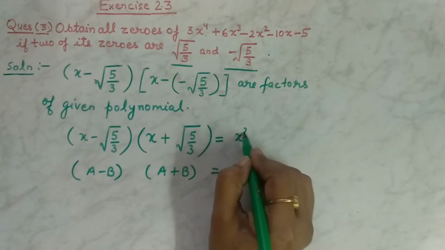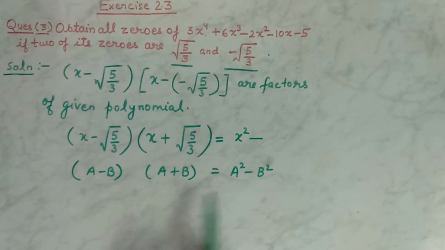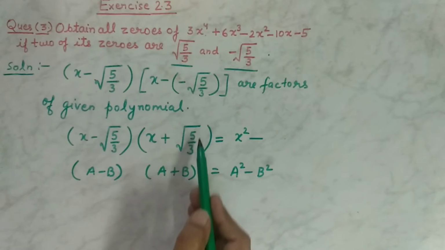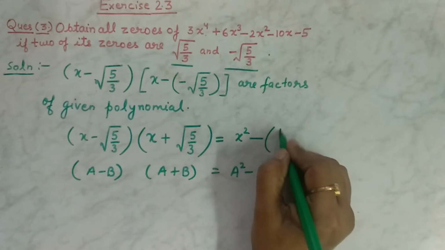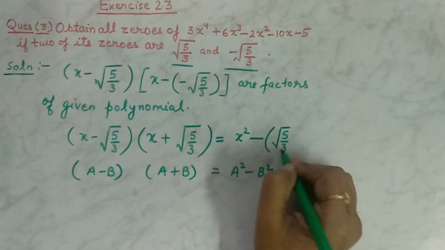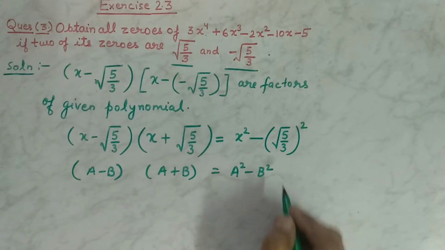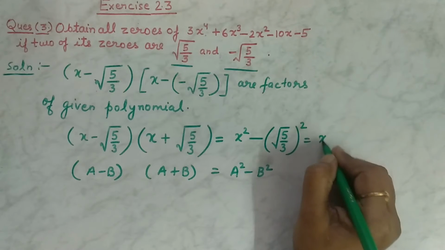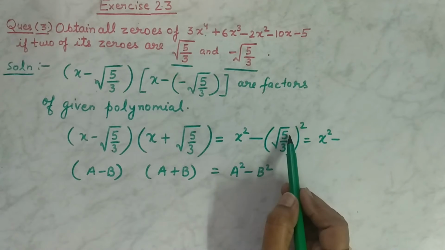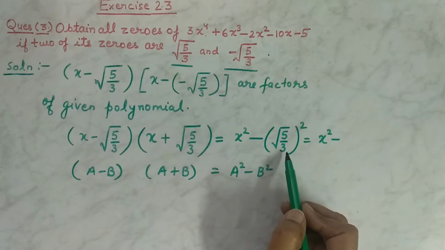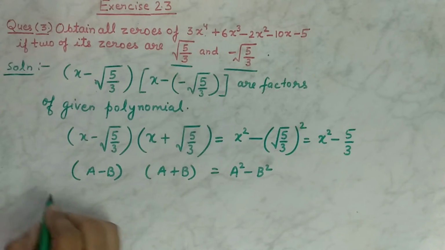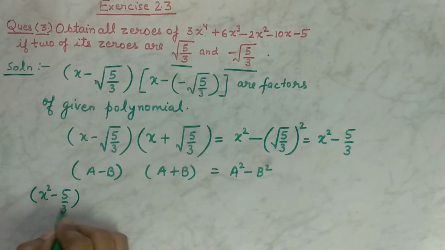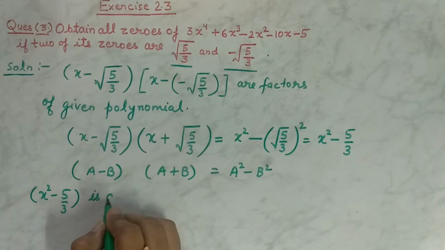The value of b is under root 5 upon 3, so we get x square minus the square of under root 5 upon 3, which simply becomes 5 upon 3. So x square minus 5 upon 3 is a factor.